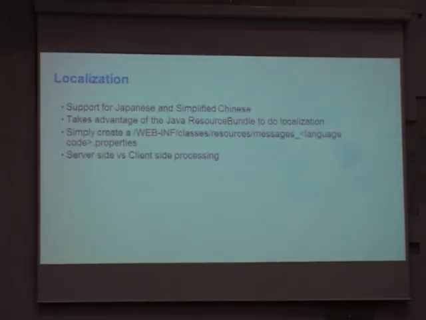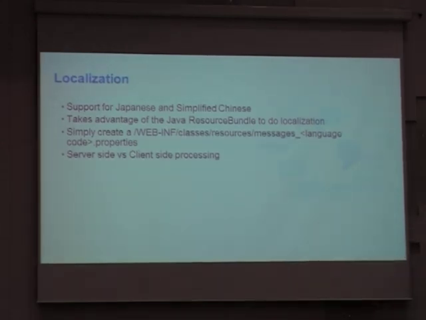And the last thing I want to cover for the UI purposes is that currently today, as you saw in the UI, we already support Japanese and simplified Chinese. Again, as I explained before, we use Java Resource Bundle to do the localization. It's very easy. It's really just a messages underscore your language code .properties file.